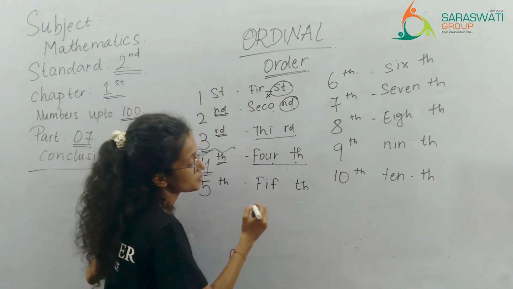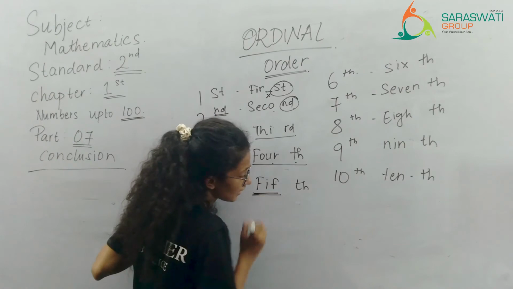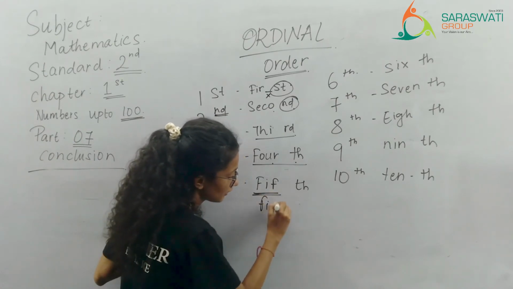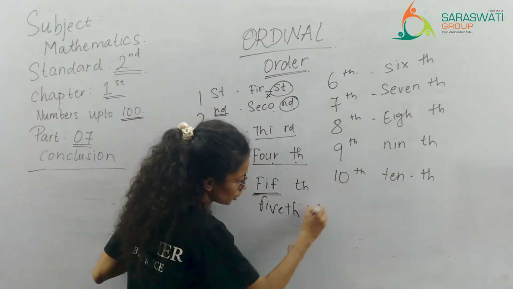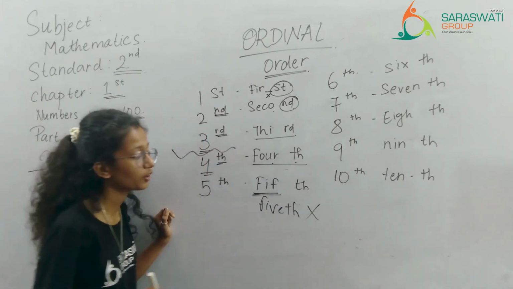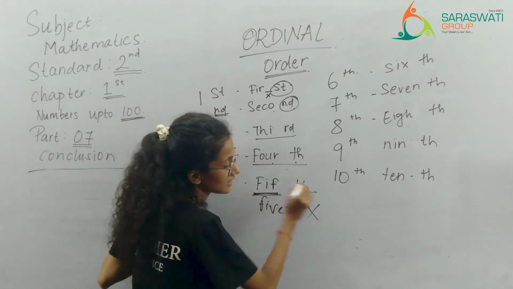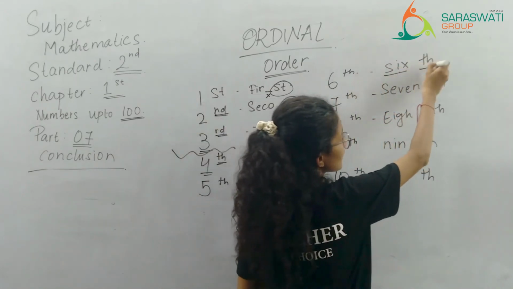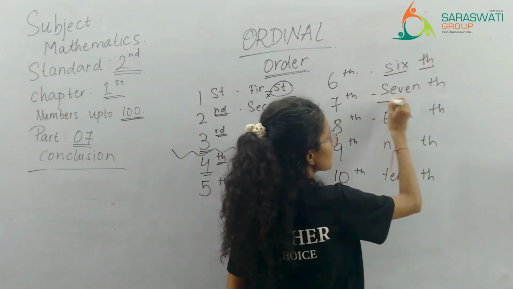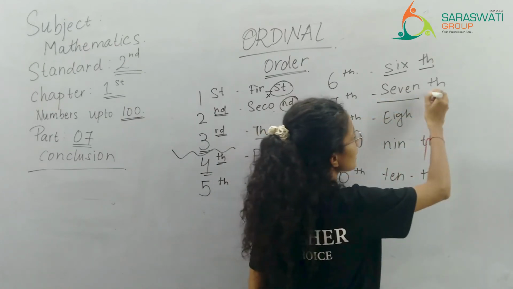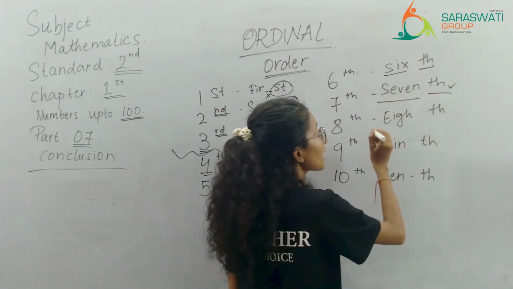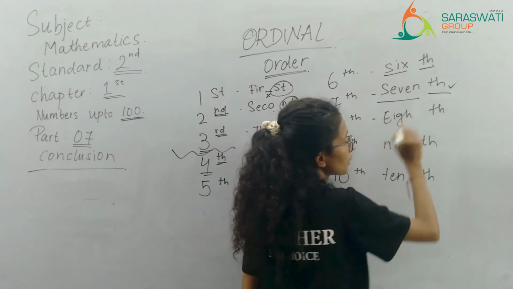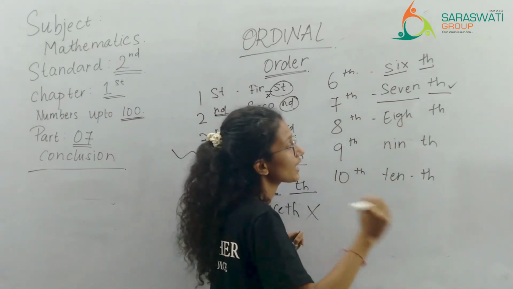Fifth. The spelling of FIF. You don't have to write fifth like this. No, that is wrong. FIF TH. SIX 6 TH. SEVEN 7 TH. Seventh. 8. Now 8 in the spelling of 8. EIGHT.